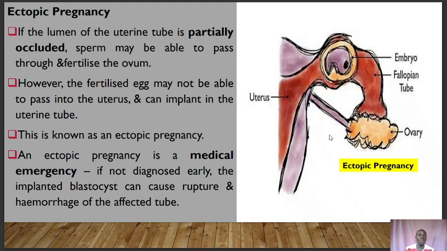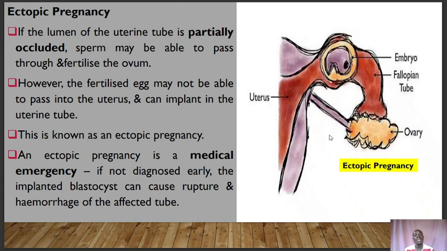If the lumen of these uterine tubes is partially occluded, sperm may be able to pass through and fertilize the ovum. However, the fertilized egg may not be able to pass into the uterus. Because the sperm is the smallest cell of the body, while the ovum is the largest cell in the human body, it can't pass to get back to the uterus.